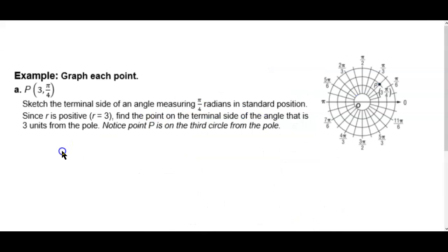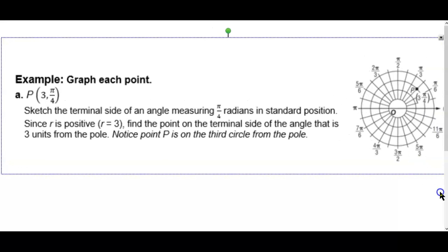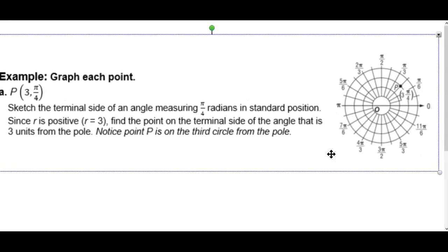All right. So to plot a point like 3 and pi over 4, you would rotate around to the pi over 4, which is actually halfway in between. Pi over 4 is like 45 degrees, so it's halfway between here and here. It's just not marked on this one.